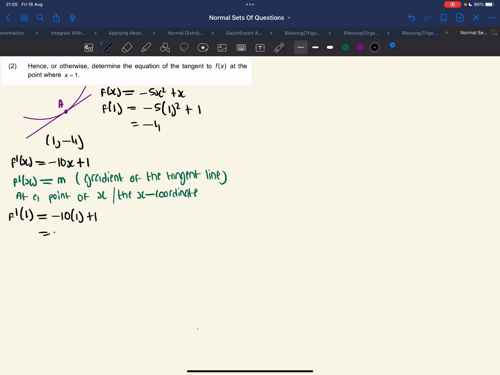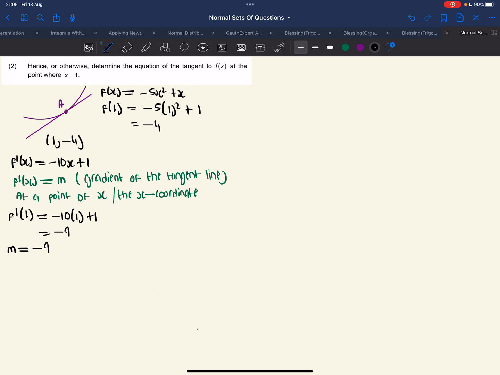Yes, minus 9. So basically this is the gradient of the tangent line.